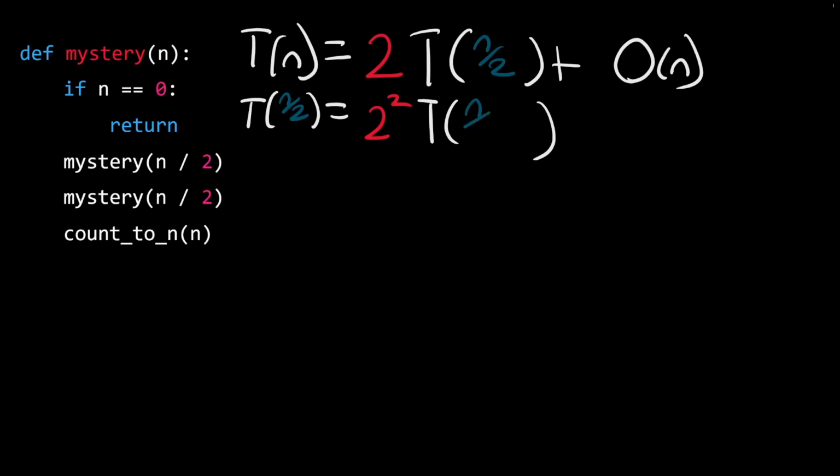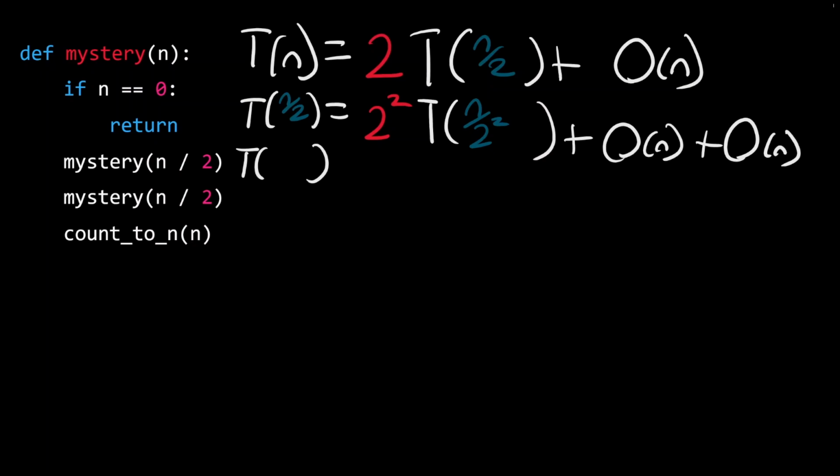So n over 2 squared plus O of n plus O of n. Now our next iteration, we're going to see that we get n over 2 to the 2, which is 2 to the 3 once multiplied by 2, and this ends up being n over 2 to the 3.